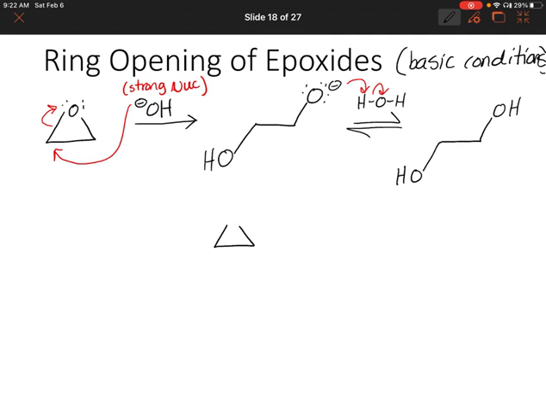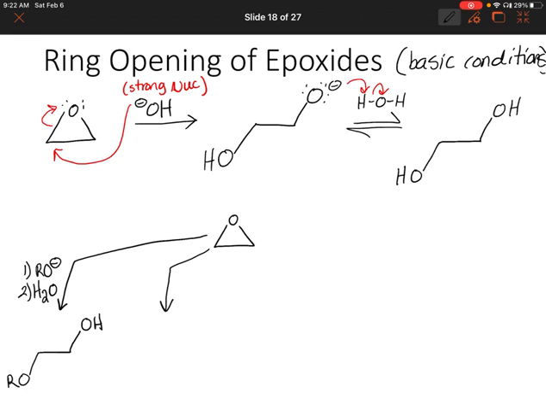So your textbook has a cool chart that shows all of the different possible nucleophiles you could use. So for instance, maybe instead of the hydroxide ion, we use an alkoxide ion, followed by water to protonate. So then we would add OR opposite the OH group.